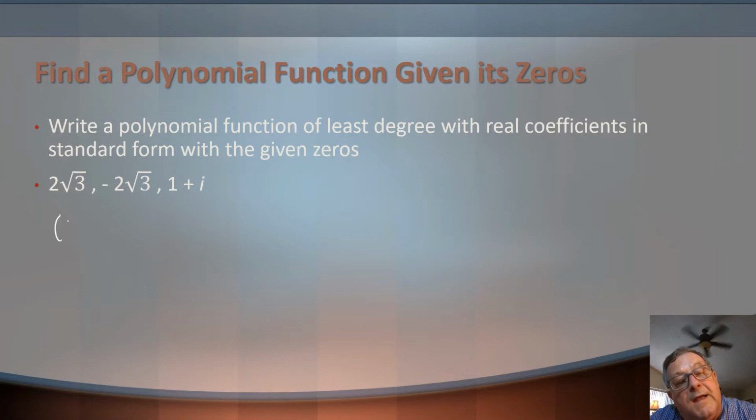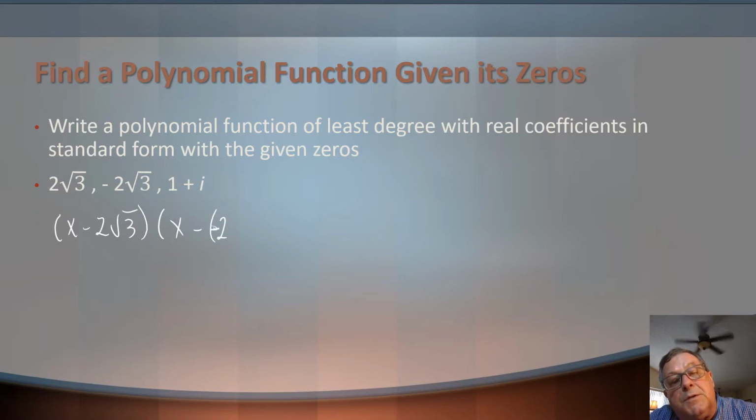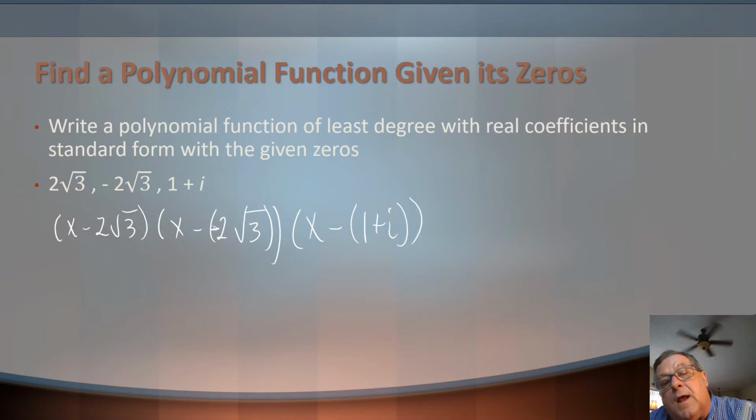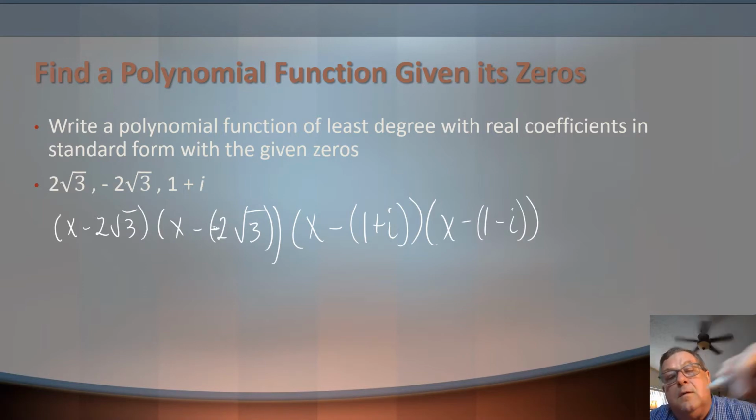So we've got x minus 2 square root of 3, x minus negative 2 square root of 3. We have x minus 1 plus i, and then we have x minus 1 minus i.